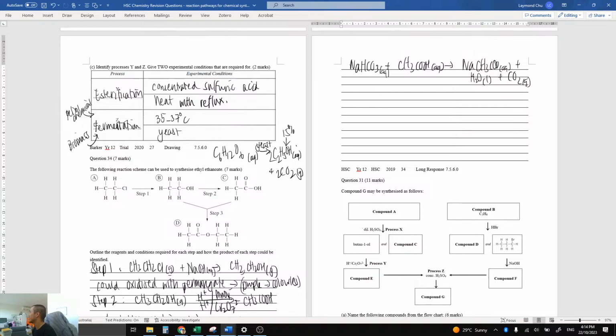Yes. And how do you detect CO2? Okay, this is another one to remember. We use the lime water test. The lime water test involves blowing or transferring the carbon dioxide gas into lime water.